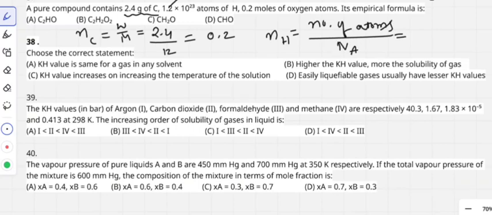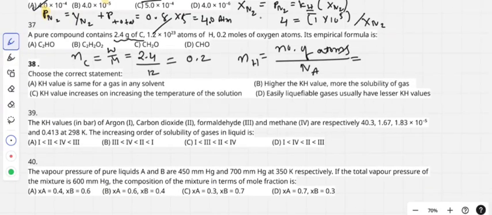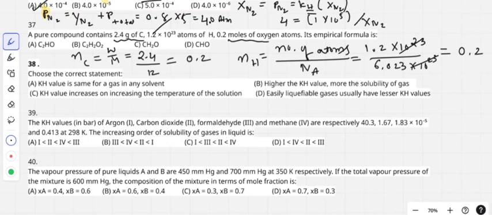The number of atoms given here is 1.2 into 10 raised to 23, divided by the value of Avogadro number, 6.023 into 10 raised to 23. So the answer is 0.2. Then they have given here 0.2 moles of oxygen atoms.